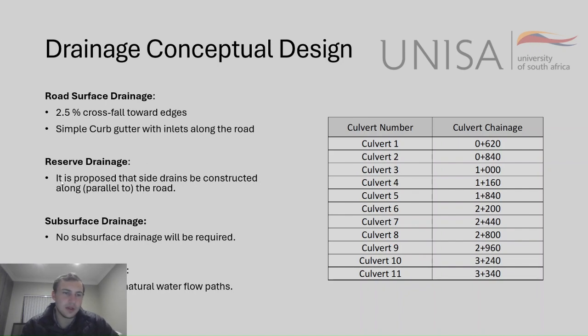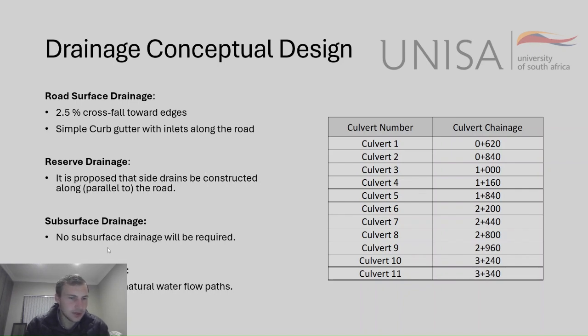So it is proposed that side drains be constructed parallel to the road. So it will be along the road, like the road goes there, flows into the simple gutter drains, and then along parallel with the road until natural water flow paths where the culverts are implemented.